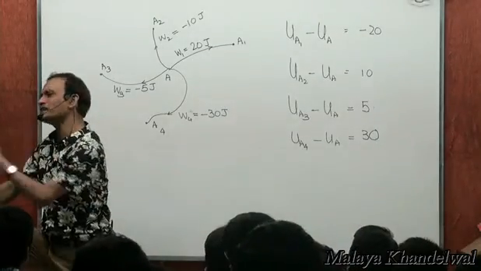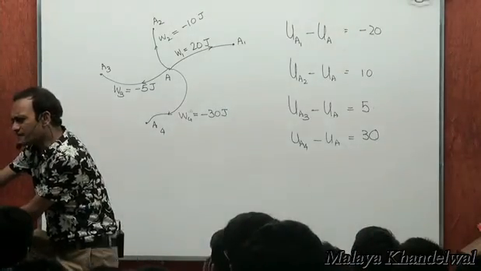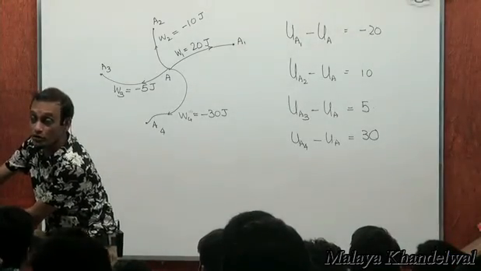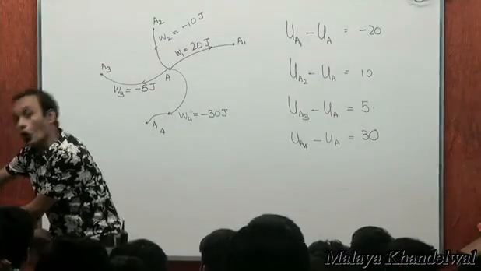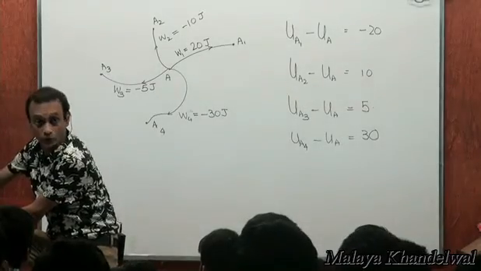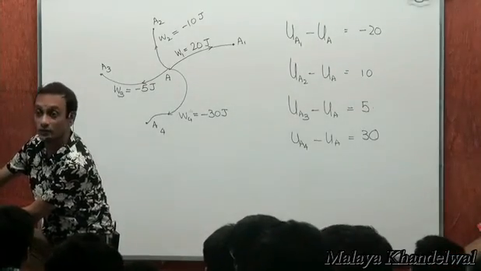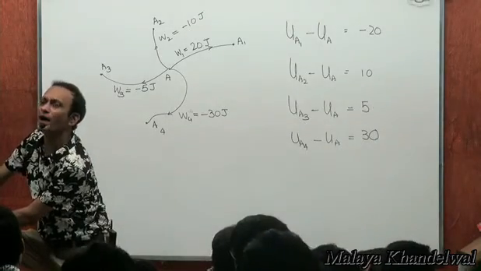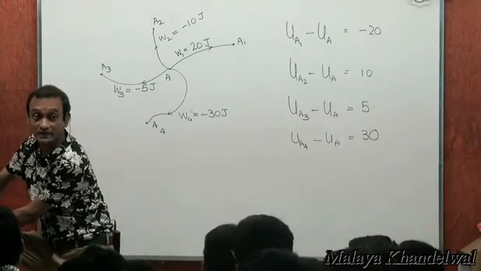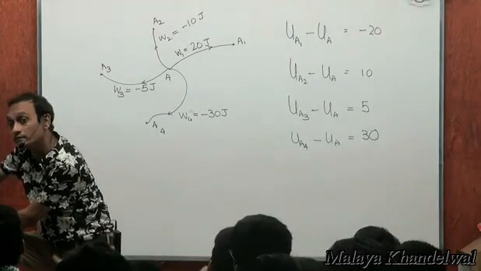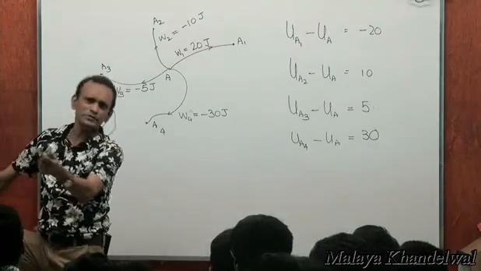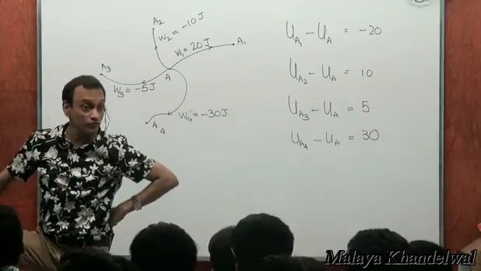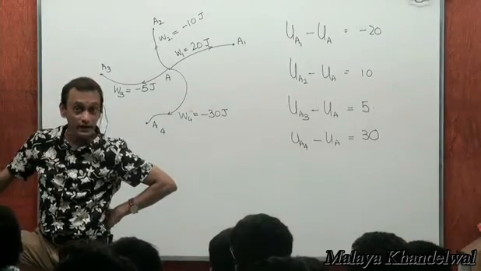Why? Because all that is important is, let's say, the work done from A to A1, that means all that is important is UA1 minus UA. All that is important is UA2 minus UA. All that is important is UA3 minus UA. The absolute values of UA, UA1, UA2, UA3 are inconsequential. You know what I'm saying?